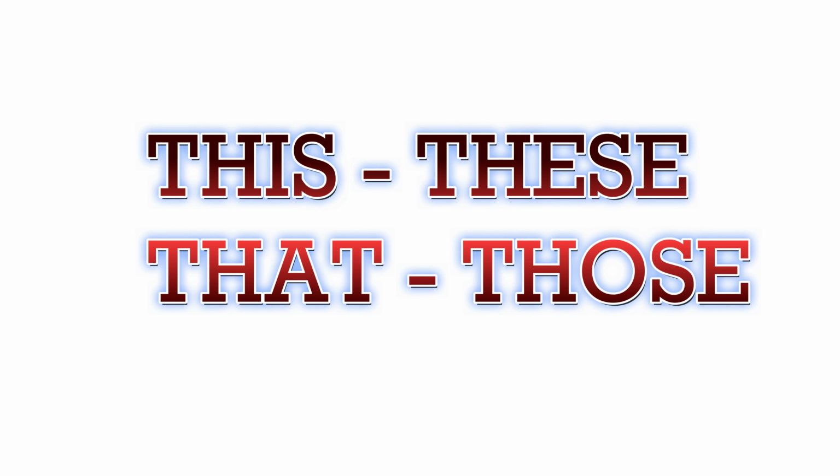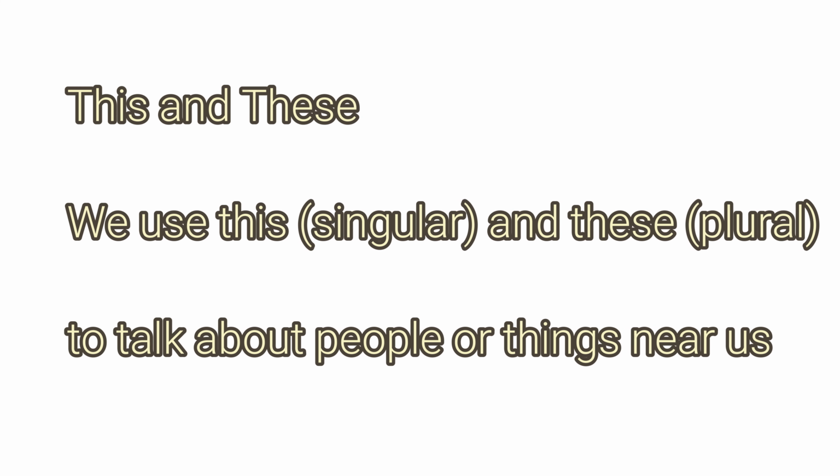So what are the basic demonstratives? They are this, that, those, and these. Let me explain a little about this. So this and these, when to use? We use this, which is singular, and these, which is plural, to talk about people or things near us.